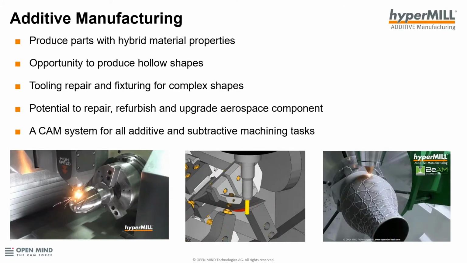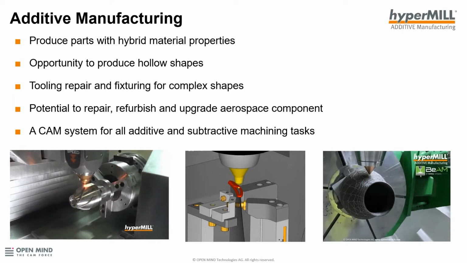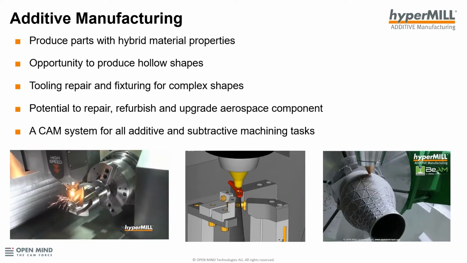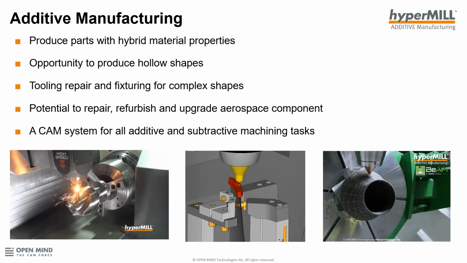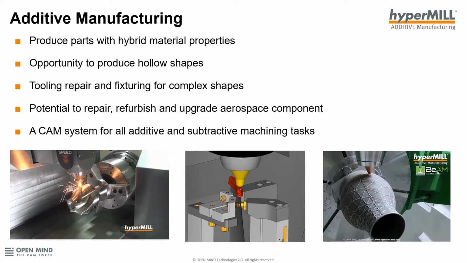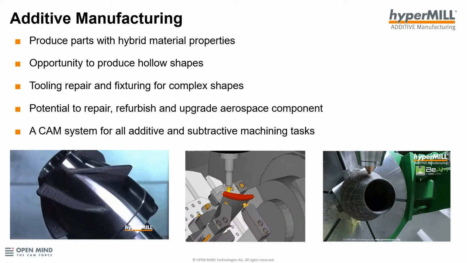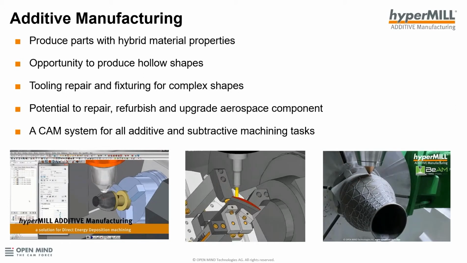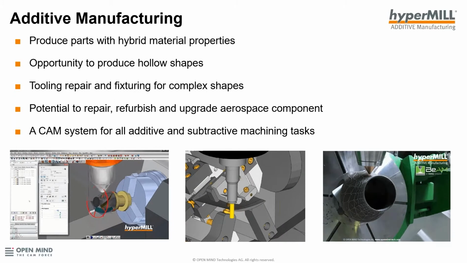Additive also helps you with tooling repair, for preparing fixturing for complex shapes. Very useful technology when it comes to MRO kind of business, where you need to repair engine parts, refurbishing and upgrading your aerospace components.